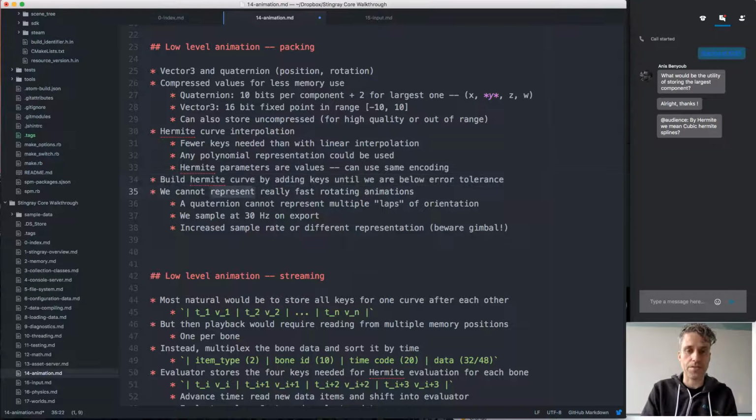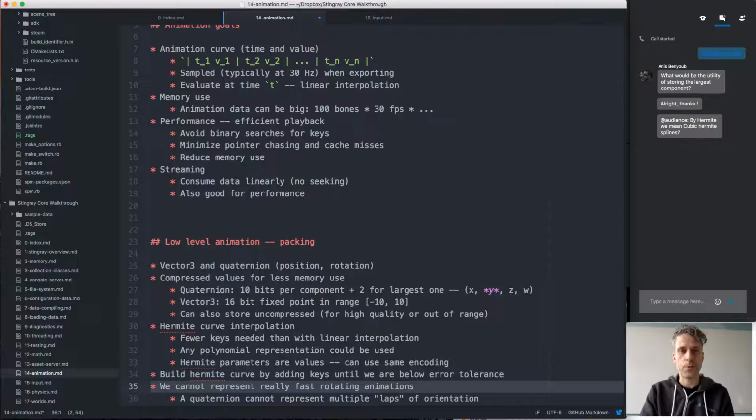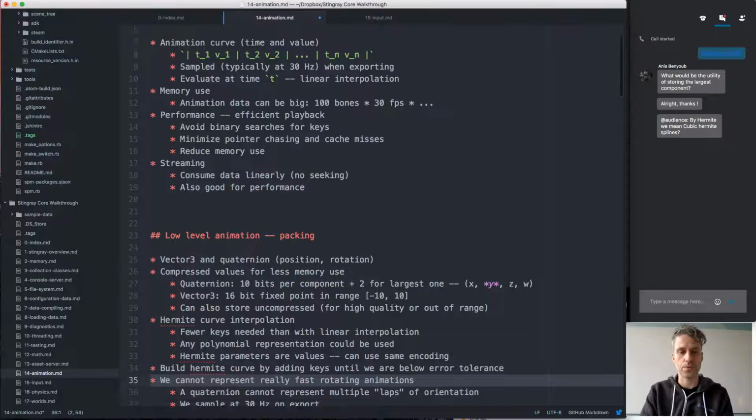An important thing to note that can appear as a bug is that we are not able to represent animations that rotate really fast. If you have an object that is spinning super fast, we can't really represent that. The reason for that is this sampling that we do. We sample at some fixed frequency, and at that frequency we store the quaternion of the bones.